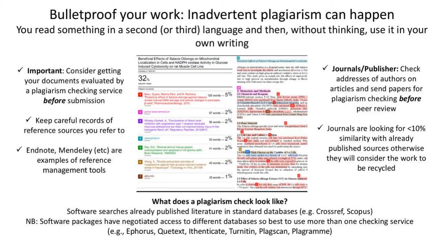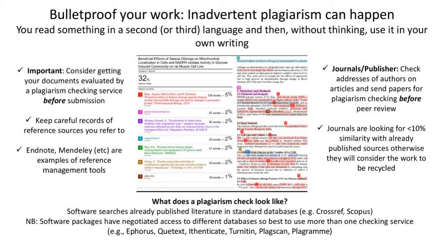So bulletproof your work. Of course, inadvertent plagiarism can certainly happen. As we've talked about, if you read something in a second or third language and then without thinking, as I've done in the past in my second language, use it in your own writing. Consider, ladies and gentlemen, getting your documents evaluated by a plagiarism checking service before submission.